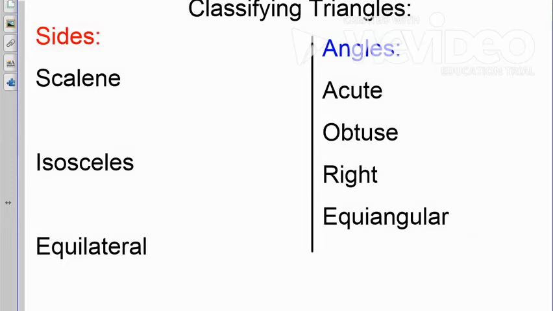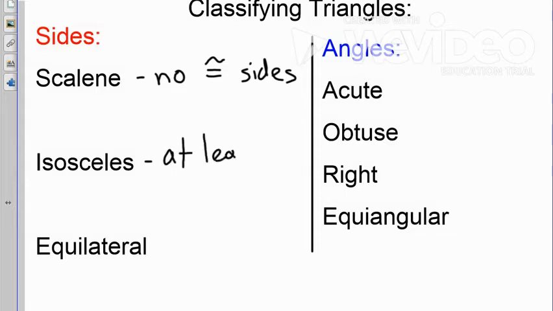So we have three types that we can classify it by: scalene, isosceles, and equilateral. Okay? A scalene triangle is one that does not have any congruent sides. So a scalene triangle is one where all the sides are different lengths and there's nothing in common or the same in terms of their side lengths. Okay, so they're all different sides. An isosceles triangle has at least two congruent sides.